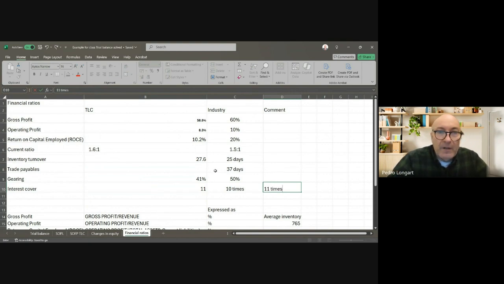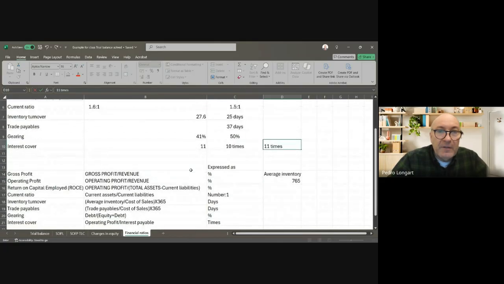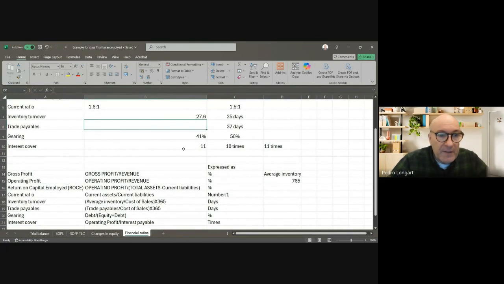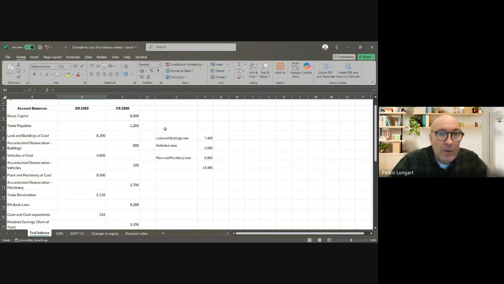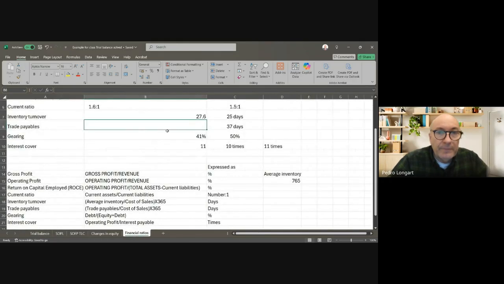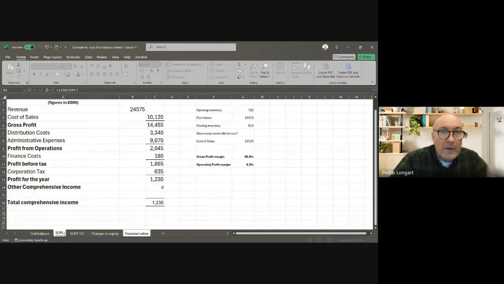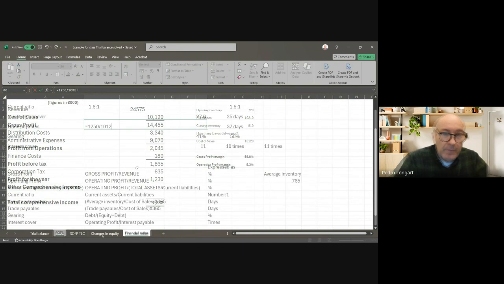Oh, I forgot the trade payables. Okay, the trade payables, which is very simple as well. It's just the trade payables that you take from your trial balance, 1250, divided by your cost of sales, which is, if I'm not mistaken, 10120.